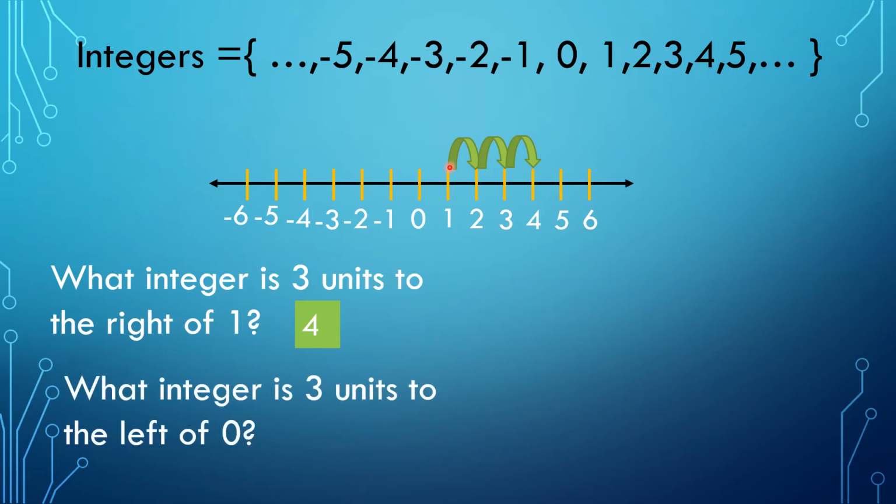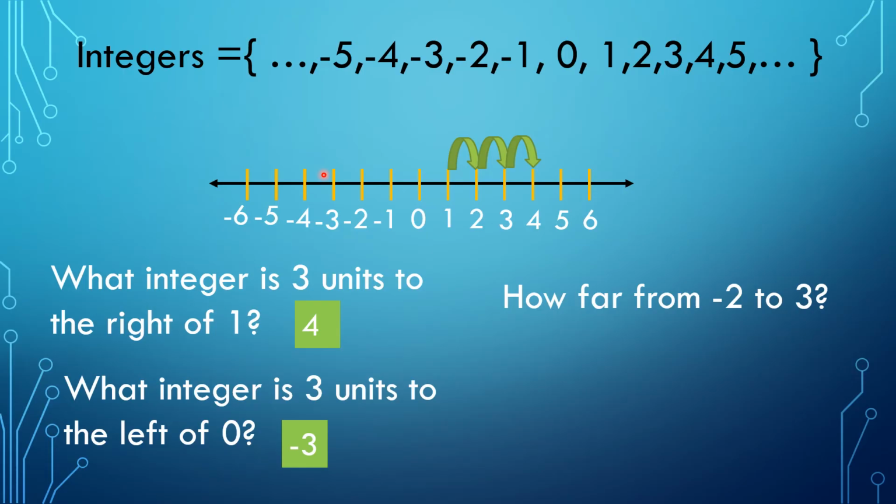Now, what integer is 3 units to the left of 0? To the left. So 0 is here. And then we're going to move 3 units. So we have 1, 2, 3. So the integer is negative 3. That is from 0. So you need to take note with what integer is the starting point.